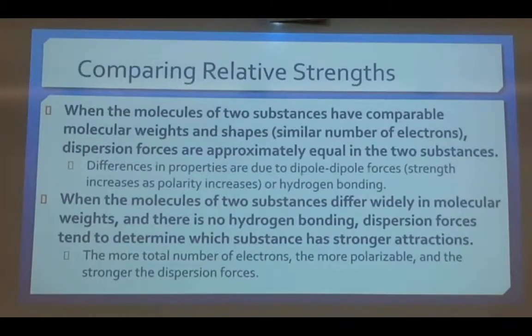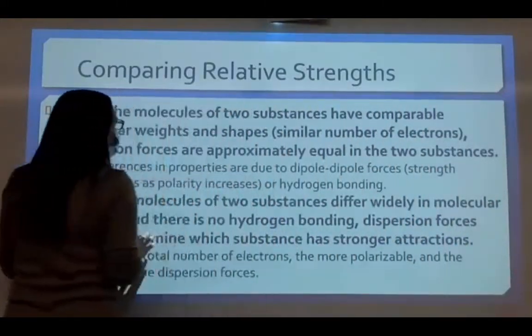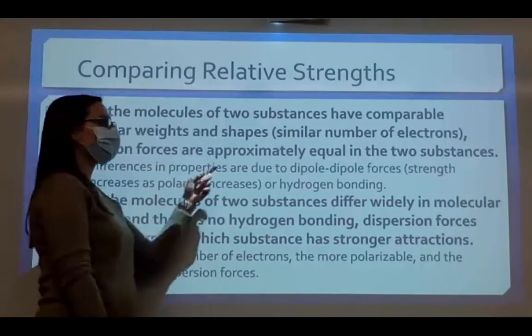So as we compare relative strengths, a lot of this information was in the notes. When you're comparing two different substances, looking at boiling point or melting point, when they have similar molecular weights, so similar molar masses, similar shapes, that means they have a similar number of electrons.